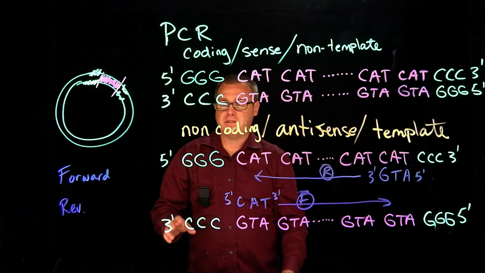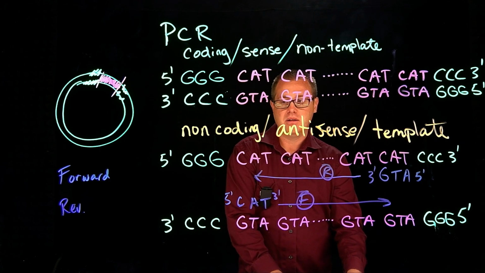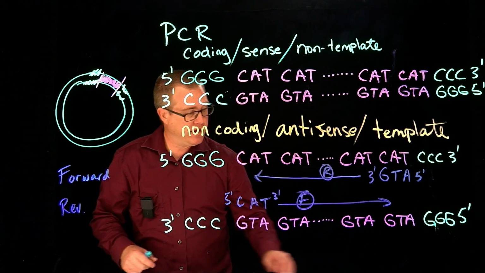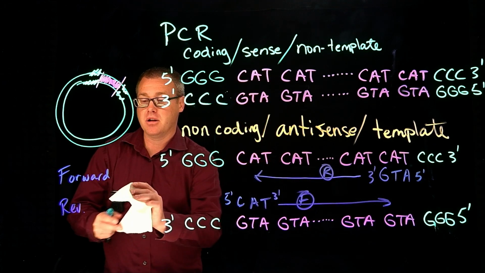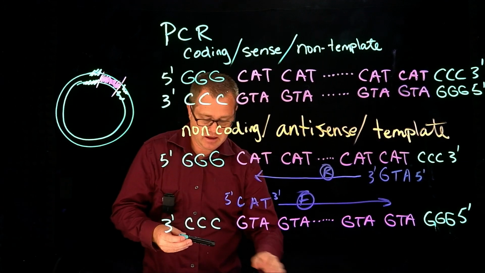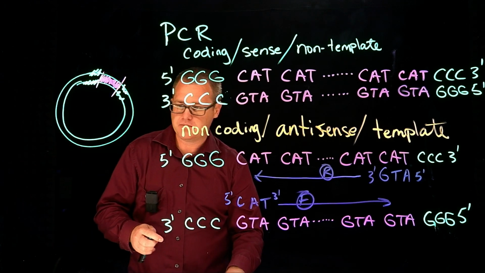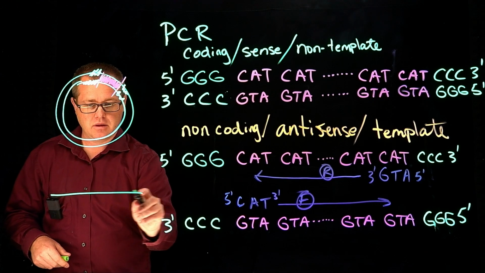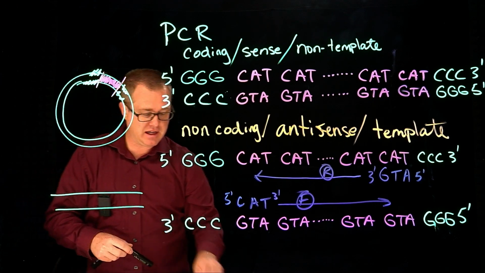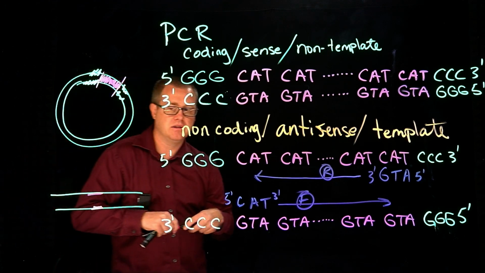So after this first cycle of PCR, what we've done is we have gone from a circular plasmid, okay, to something that looks relatively like this. Just linear DNA, and we're going to have our gene of interest somewhere in there.